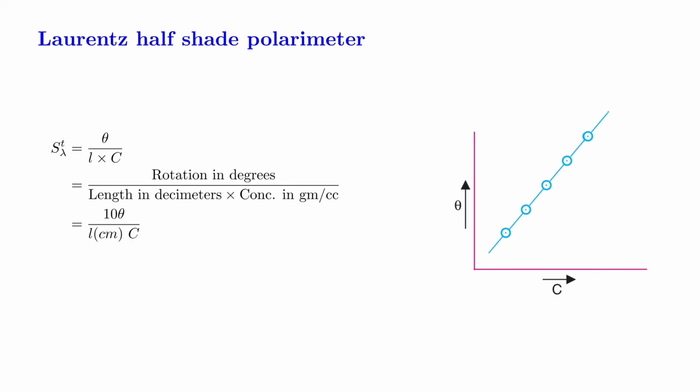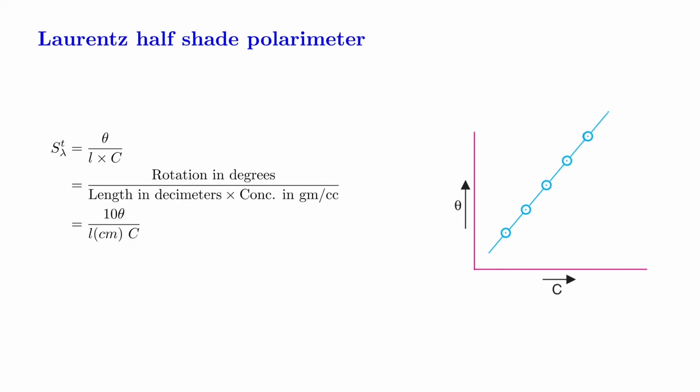The specific rotation of the liquid is given by the formula S_T^lambda equals theta over L times C. Here theta is the rotation caused by the solution in degrees, L is the length of the tube in decimeters, and C is the concentration of the solution in gram per cc.